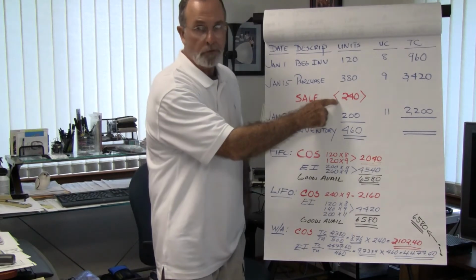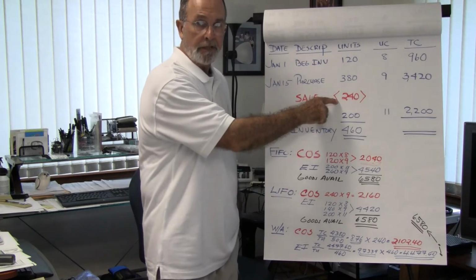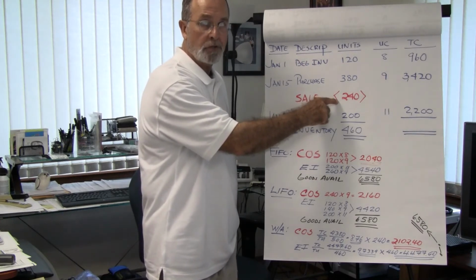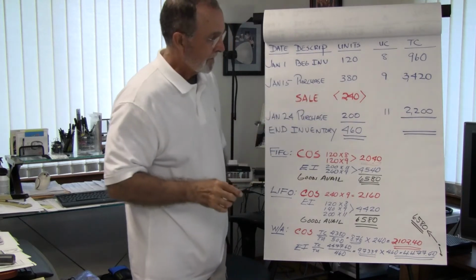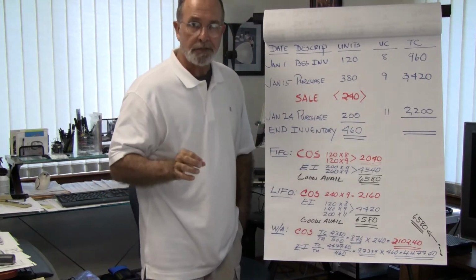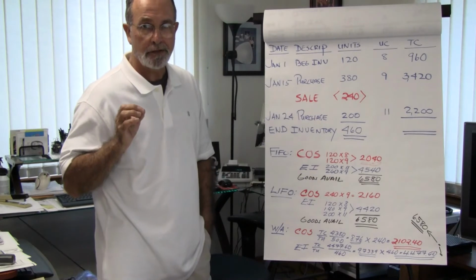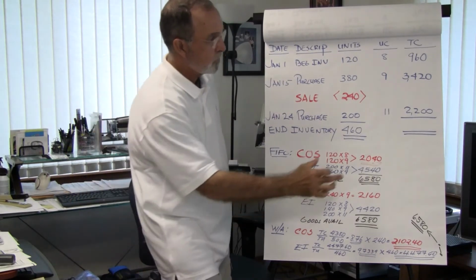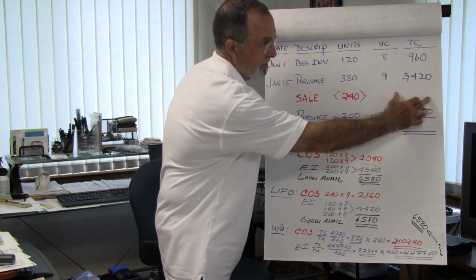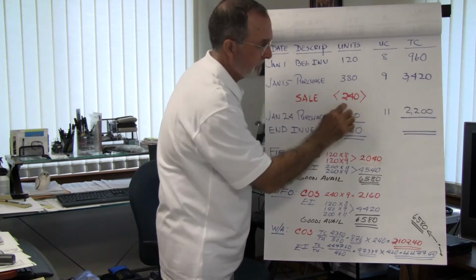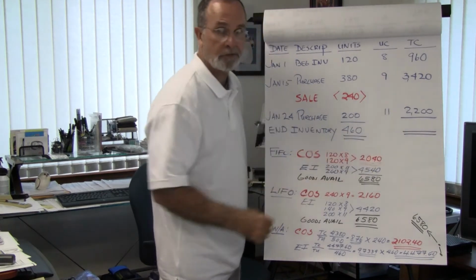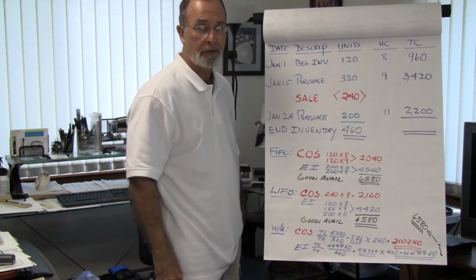Also, the units sold, 240 units, that information does not change regardless of which cost flow assumption we are using. The only thing that will change based on the cost flow assumption in use is, number one, our calculation of the cost of this sale, and number two, the resulting ending inventory.